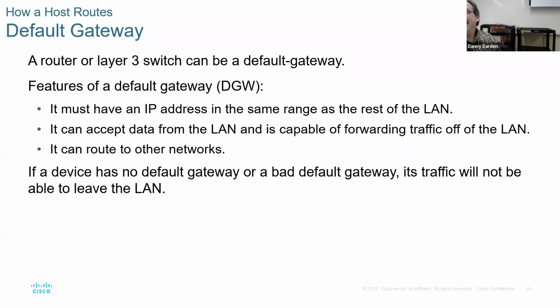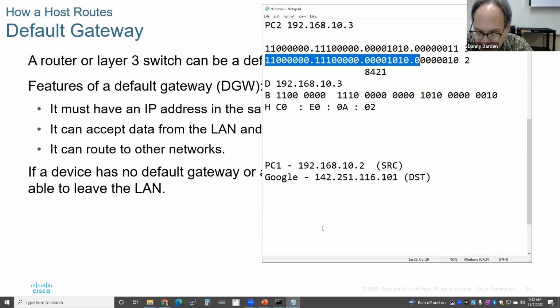Basically, that means the IP address of the interface on the router has to be local to the network that's attached to it. If it doesn't have a default gateway, or has a bad gateway, its traffic will not be able to leave the LAN. So if I have a router plugged in and that interface has an interesting IP address that's not local to the network, it won't work.